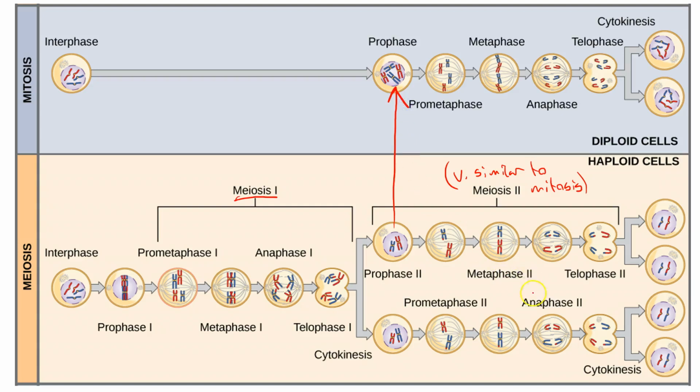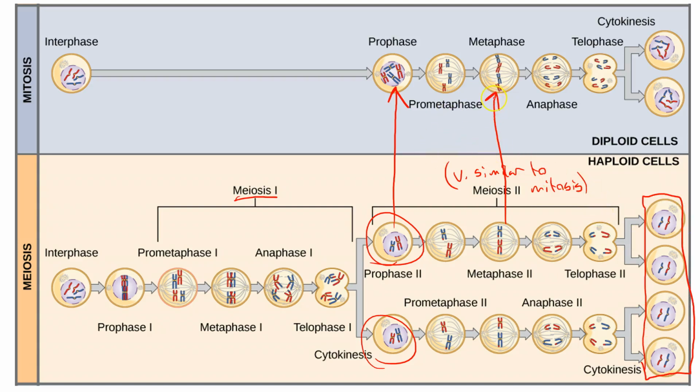Okay, and then they line up in a single line just like they do in mitosis. Then the sister chromatids are pulled apart, and you can see that each cell makes 2 new cells. Well, we're starting with 2 cells. So because each cell makes 2 cells, we have a total of 4 cells made from one original diploid cell in the process of meiosis.